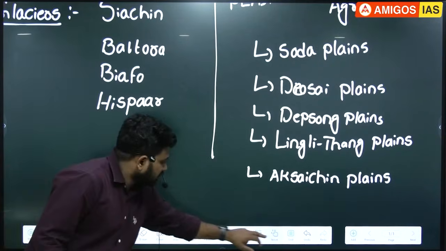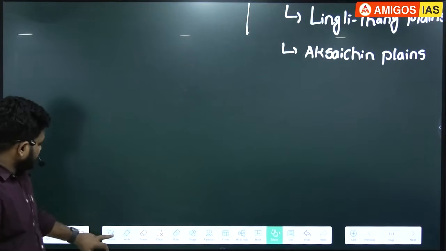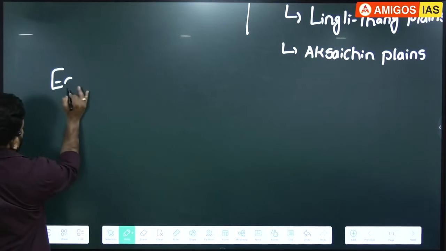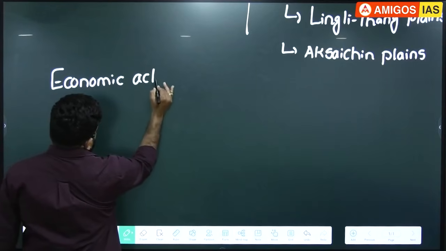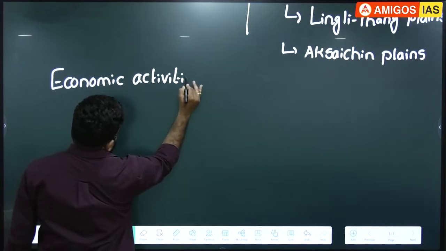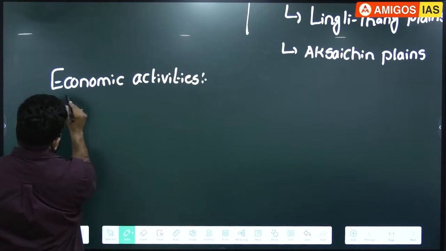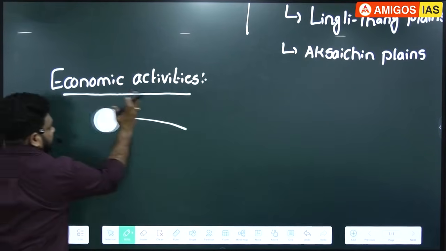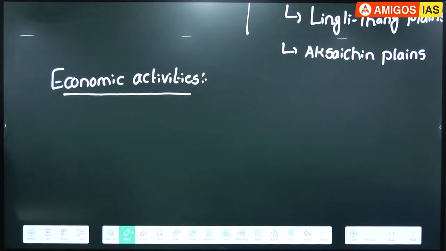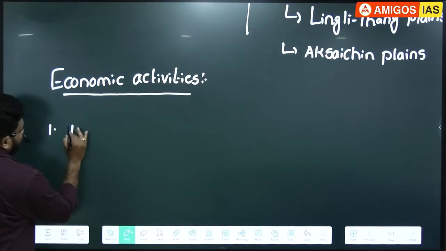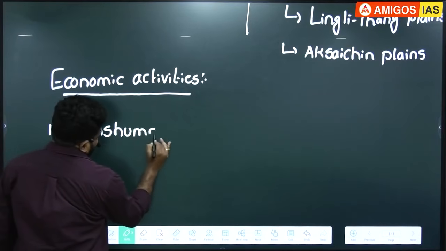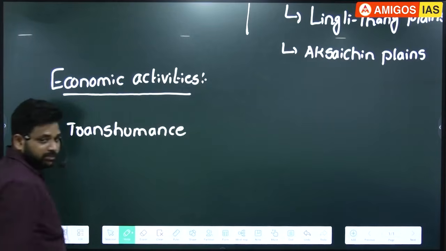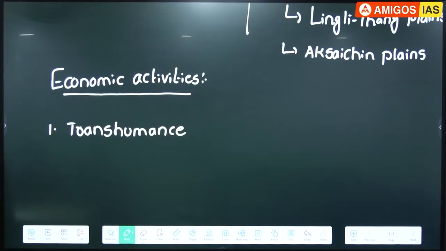See the condition. What about the economic activities? In this area you can find certain people. Some people are called transhumans. What do you mean by transhumans?